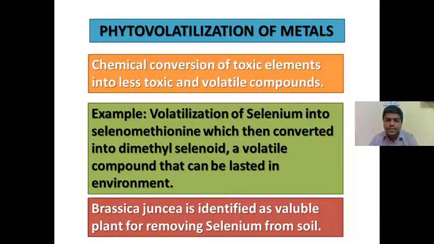Brassica juncea is identified as a valuable plant for removing selenium from the soil. Selenium is a most hazardous material and Brassica juncea is responsible for phytovolatilization of selenium from polluted soil. So the first aspect is chemical conversion of toxic elements into less toxic and volatile compounds, and that is known as phytovolatilization of metals.